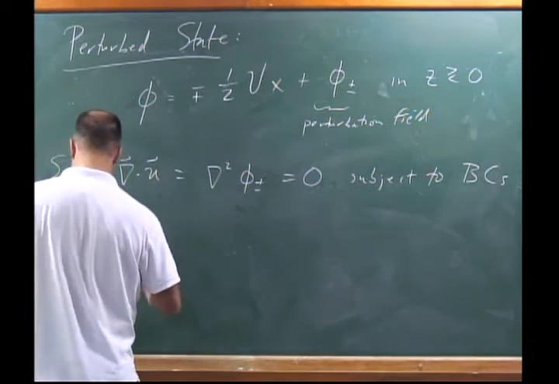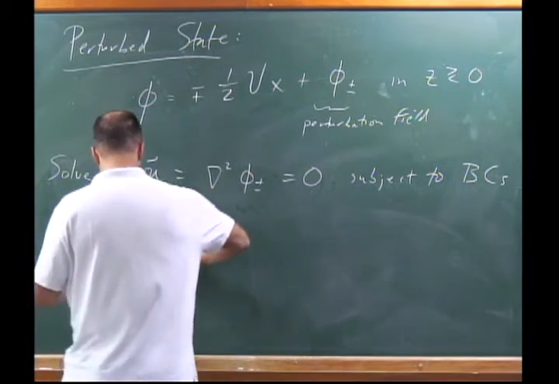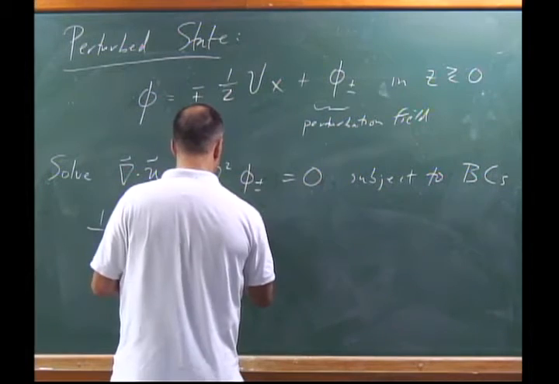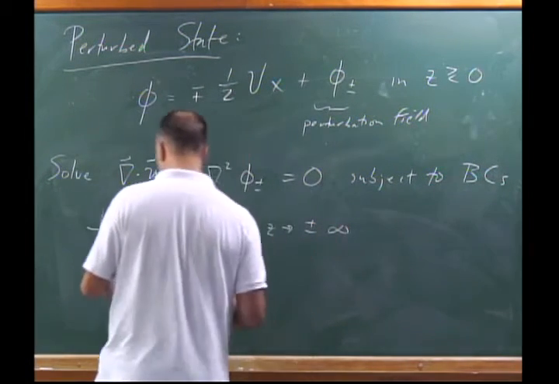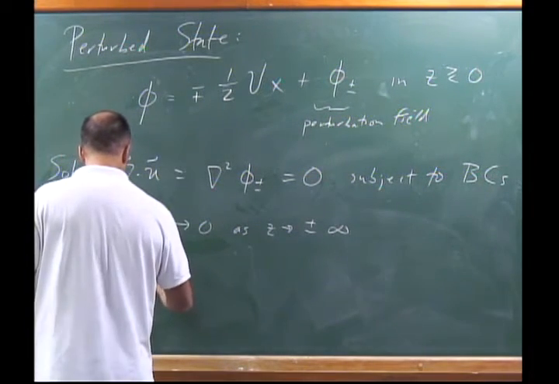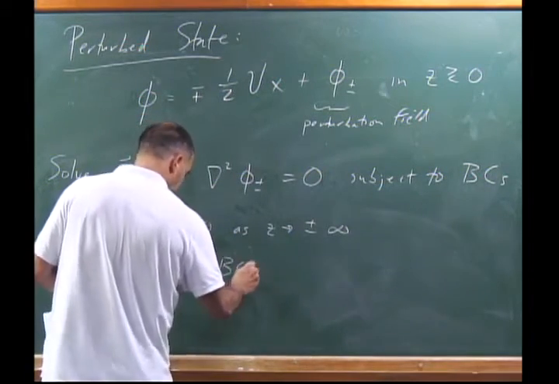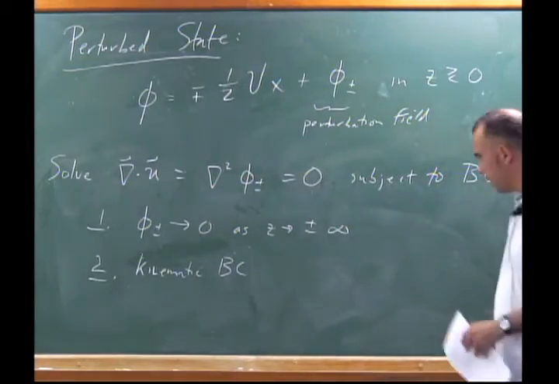One, the velocity disturbance goes to 0 if you move far enough from the interface, and then you have the kinematic boundary condition, which is simply a statement that the interface moves with the local velocity of the fluid.